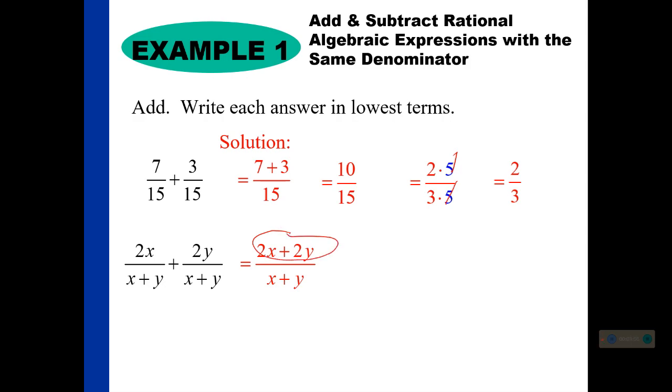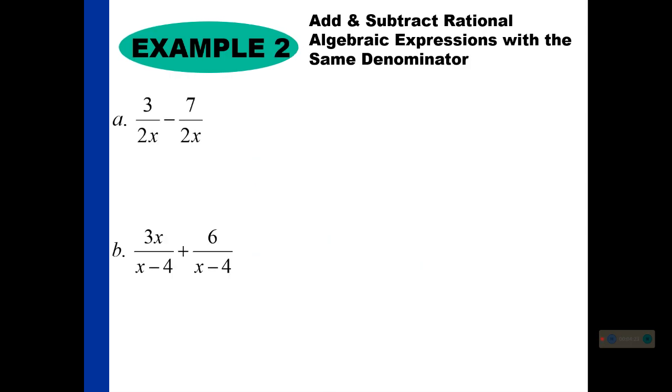So you can express this as 2 times x plus y over x plus y. Then you can still simplify this by canceling out x plus y in the numerator and denominator. So this will become 1, and you will be left with 2 times 1. So your final answer here is 2. Any question?